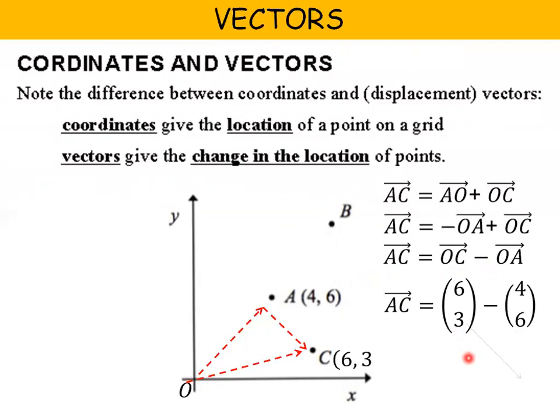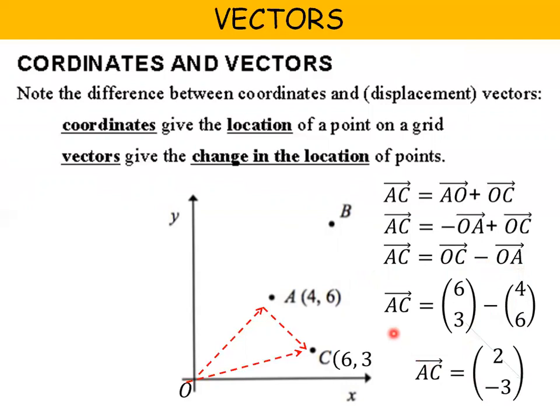So my vector AC would definitely be the column vector 6, 3 minus the column vector 4, 6 for OA. And then AC becomes the column vector 2, minus 3.